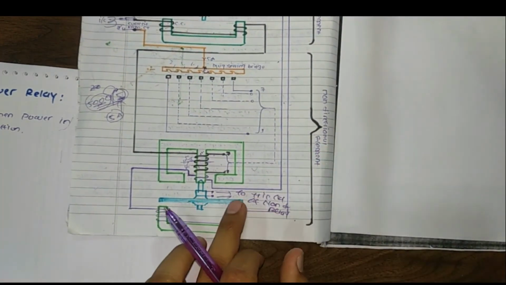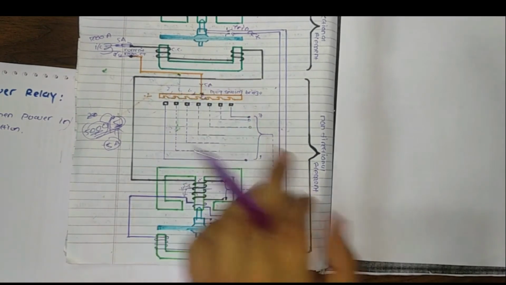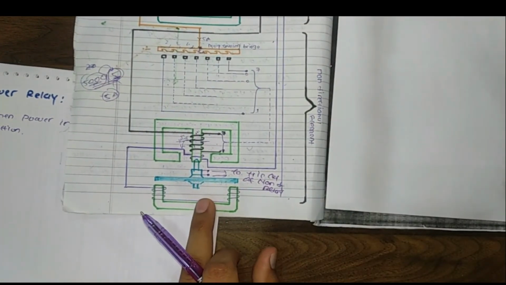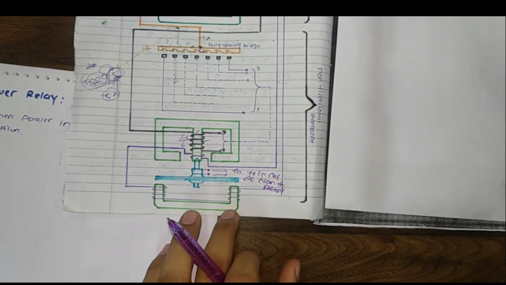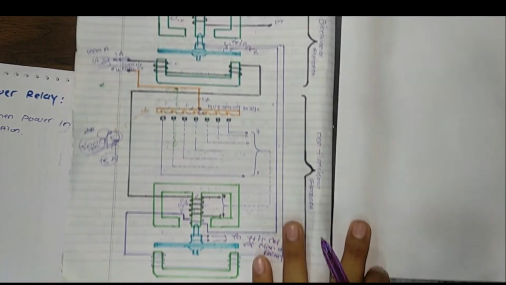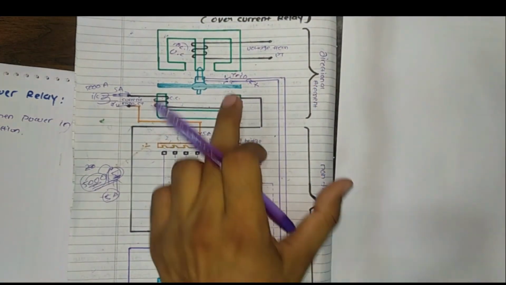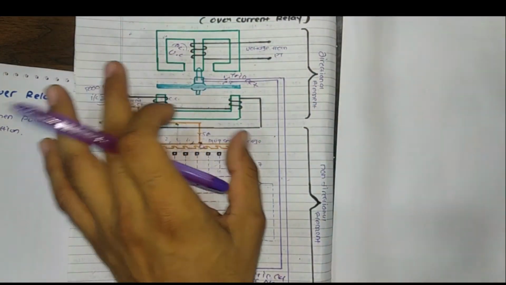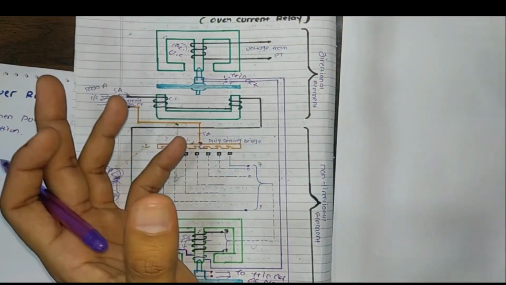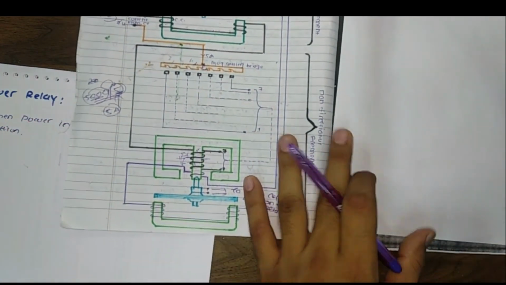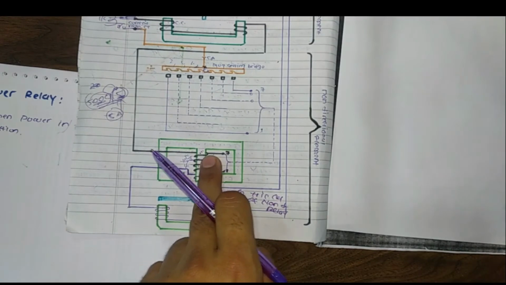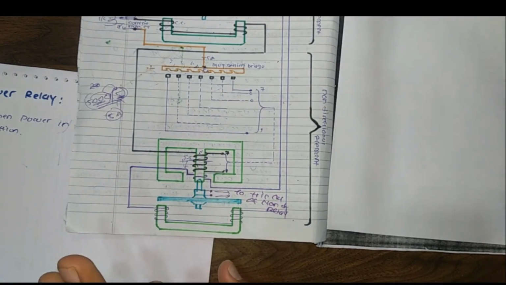Thus the secondary winding of the lower magnet of the non-directional element is open, and hence the non-directional element is also inoperative.